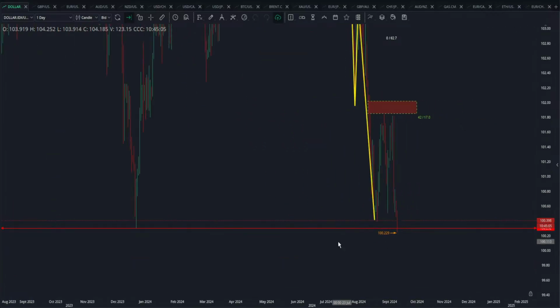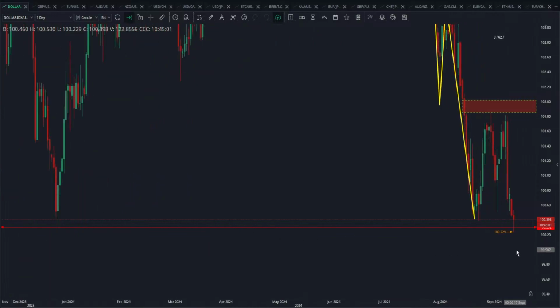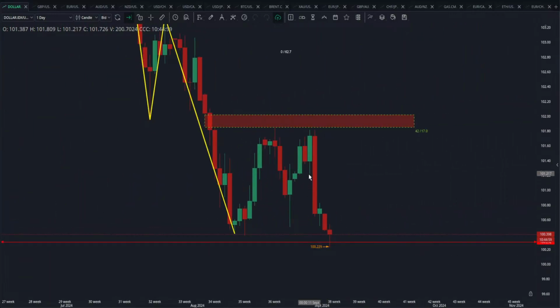After taking the liquidity from these two lows, it can go all the way back to this fair value gap that it has created. So the key level it had to trade has already been traded. Now there is a high probability that it will go back to the 100.79 or 80 levels.